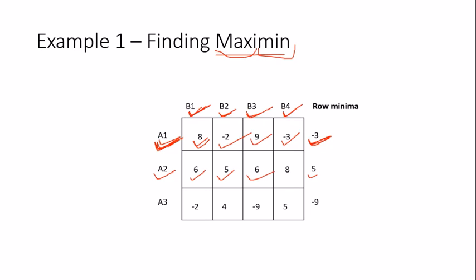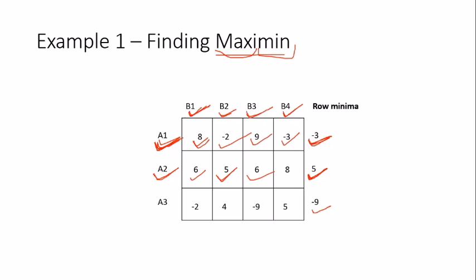So here also he computes his worst possible payoff: whatever strategy B chooses, I am definitely going to get at least 5% of the market capture if I choose strategy A2. So corresponding to the second row, the minimum turns out to be 5. And similarly, you compute the row minimum of the third row, which is -9.